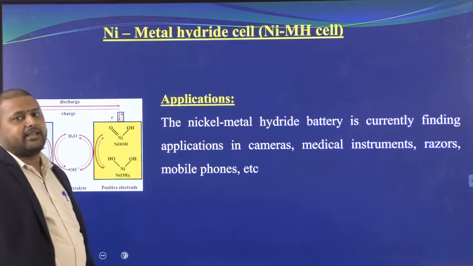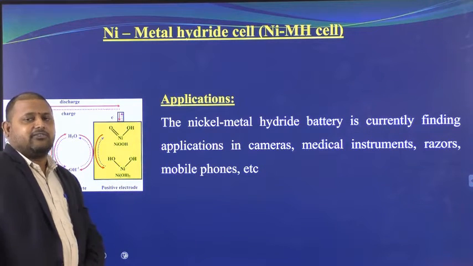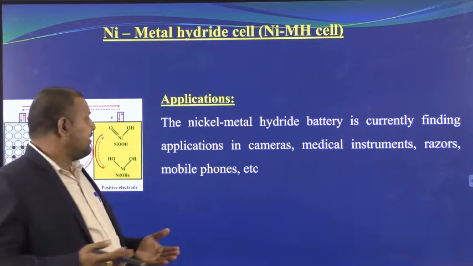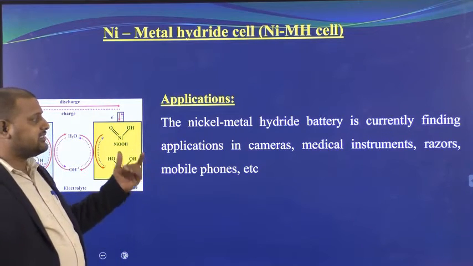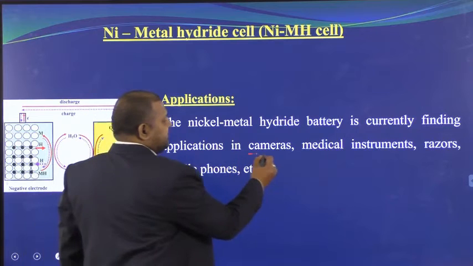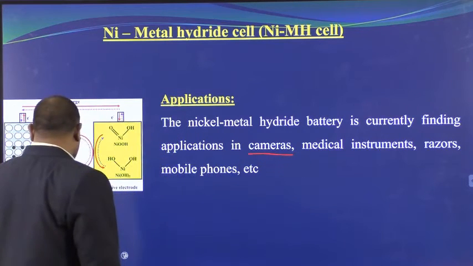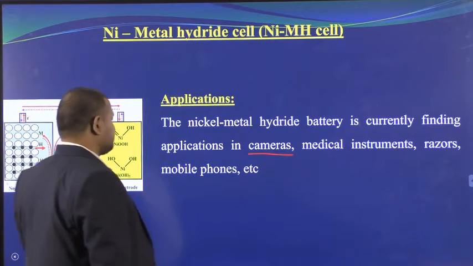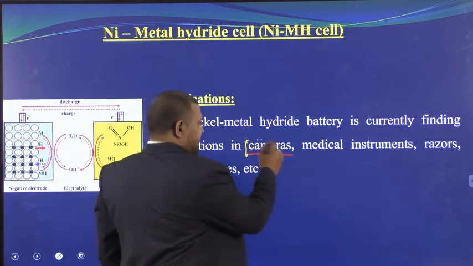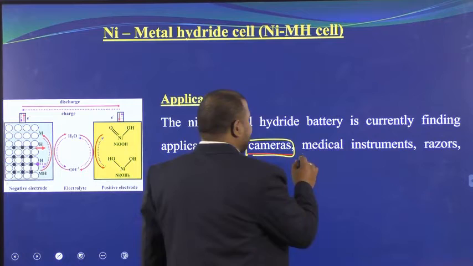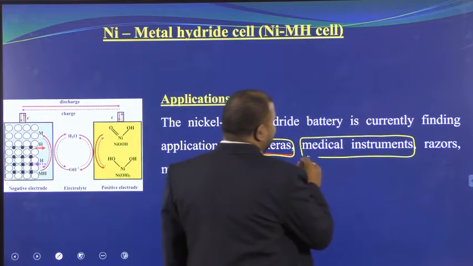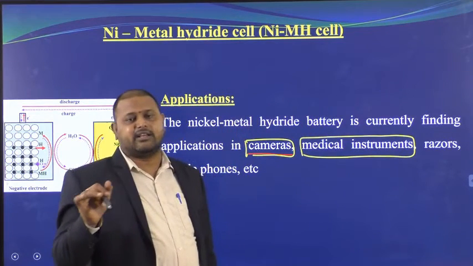So now what are the applications? Finally we will come to the conclusion of what are the applications of nickel metal hydride battery. It is generally finding applications in cameras. Just now I told you very clearly that cameras, and next medical instruments. Medical instruments generally you cannot use primary batteries always, right? They should be continuously running in ICU, right?